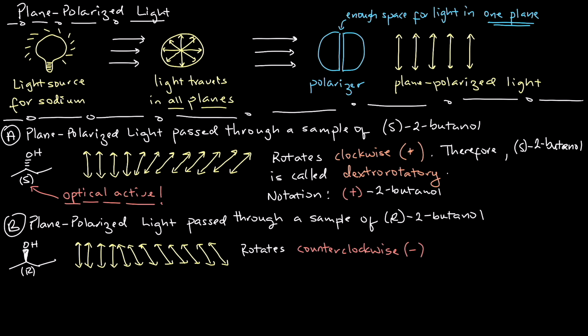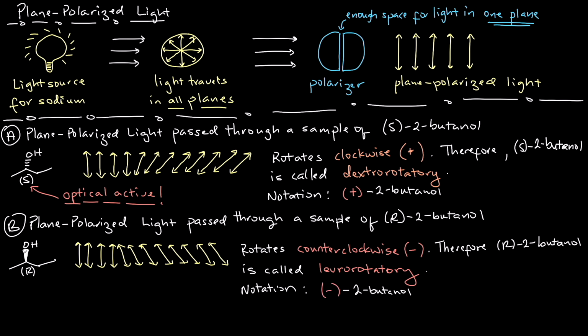This counterclockwise rotation is also called negative rotation. So that's why we have the negative notation over here. And any compound that rotates plane polarized light in a counterclockwise direction, or negative rotation, is called levorotatory. So levorotatory will be the counterclockwise rotation.